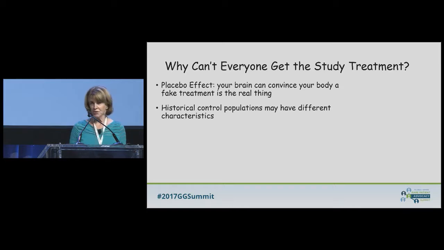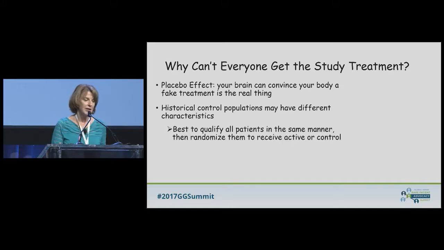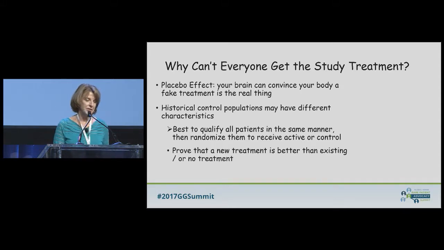If you are doing a natural history study, it can be helpful to try and utilize that data as a historical control. And in that case, you might be able to have a smaller proportion of control patients in the actual trial. But it is best to have a control group and qualify patients in the same manner.